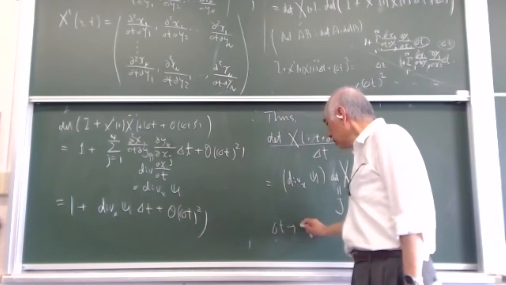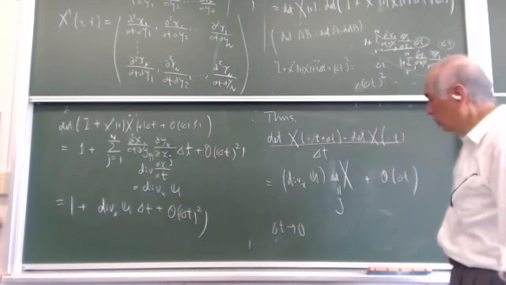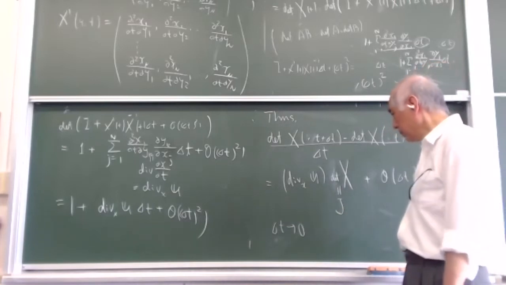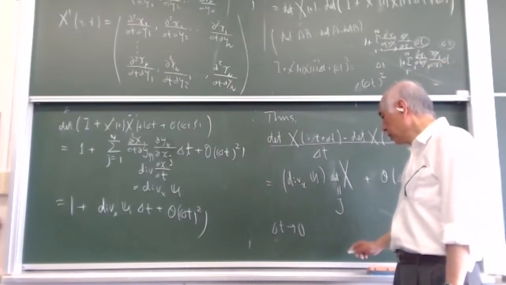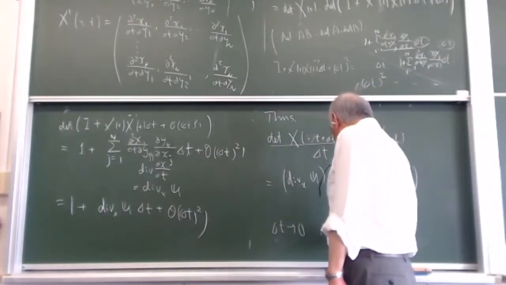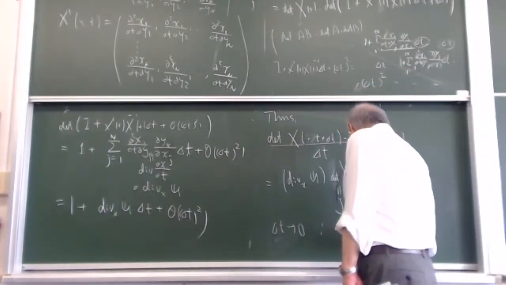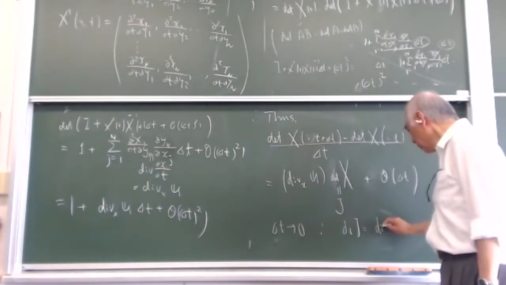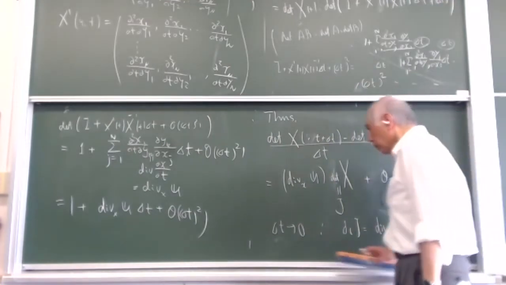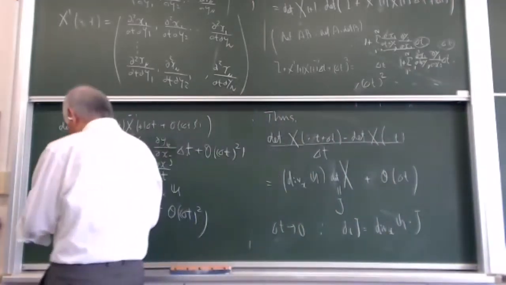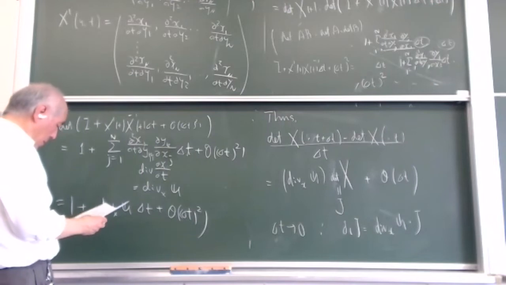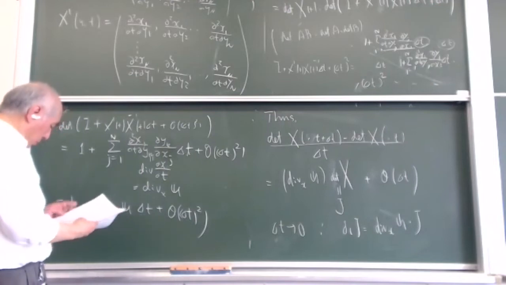Take delta t to 0, and then you got the proposition. Okay, so you have a proposition. So this is a proof.